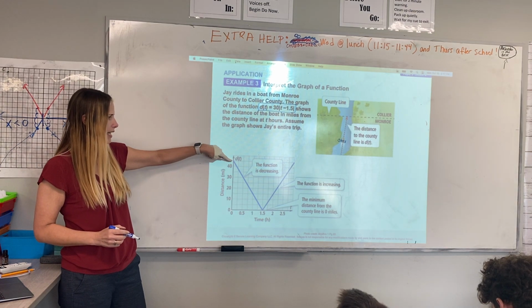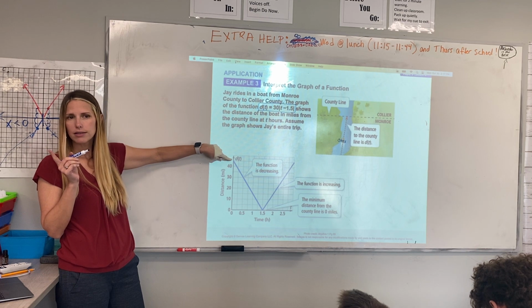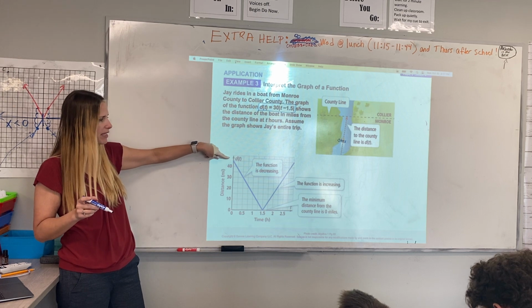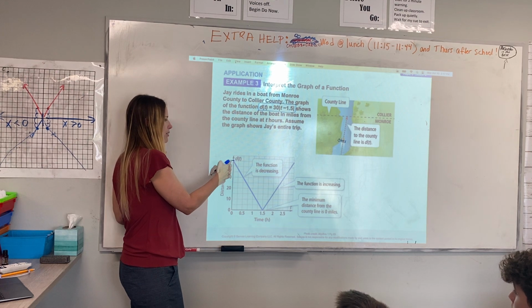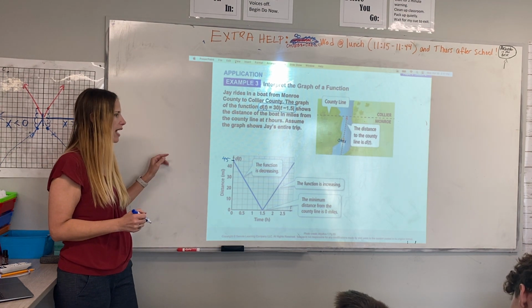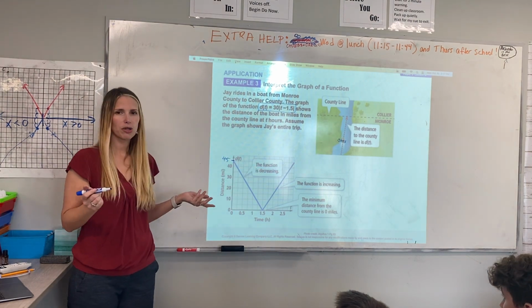Here is the starting distance from what? The county line. Very good. How far is he from the county line? 45 miles. Very good. We see that it's up the next interval here, so 45 miles from the county line. As he's going zoom, hours are passing.